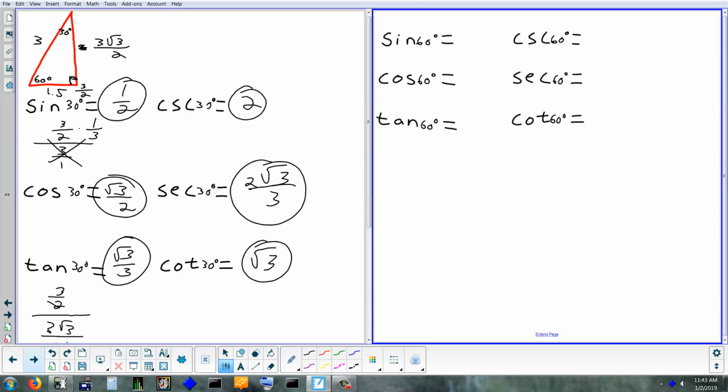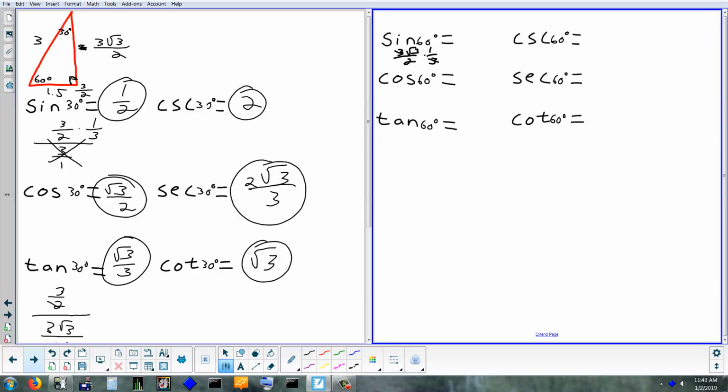So the sine of 60, that's opposite over hypotenuse. That's, let's see, 3√3 over 2 divided by 3. So 3√3 over 2 dividing by 3 is the same as multiplying by 1/3. Your 3's cancel. You get √3 over 2.